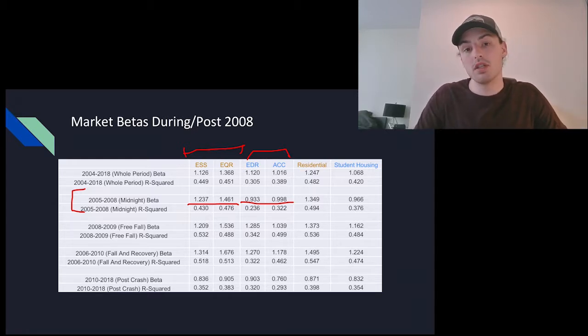That is on average multiple hundred beds per building.